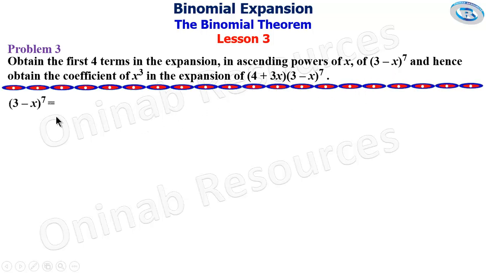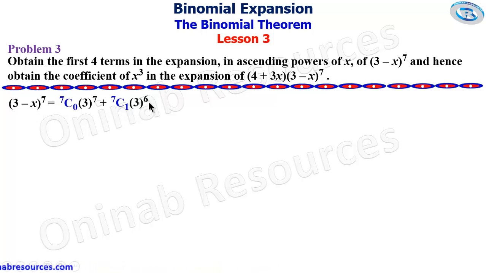In this expansion, we are interested in the first 4 terms, and the powers of x must be in ascending order. So we have the power to be 7. So the first coefficient is 7 combination 0. I have 3 raised to power 7 plus the second coefficient is 7 combination 1.